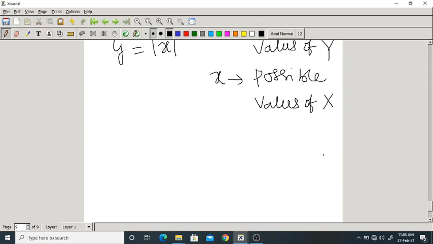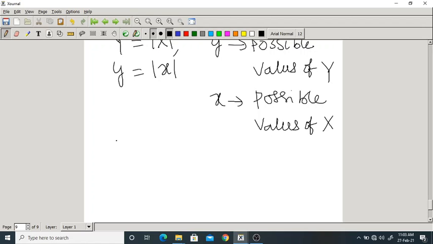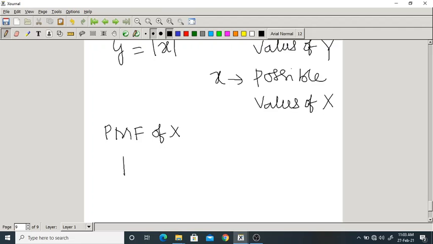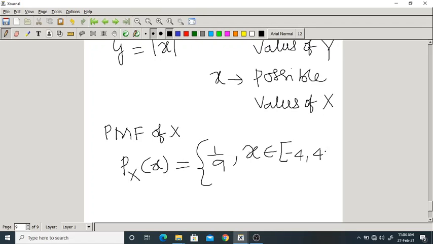Now here they gave us the PMF of random variable X. How is it defined? P_X of small x equal to 1 by 9 if x is an integer belonging to -4 to 4, which means only integers from -4 to 4, that is -4, -3, -2, -1, 0, 1, 2, 3, 4. 0 otherwise.